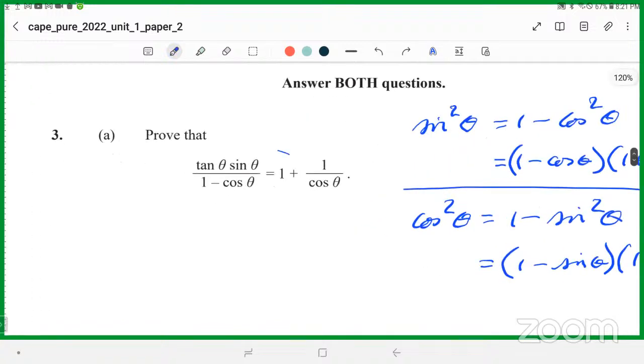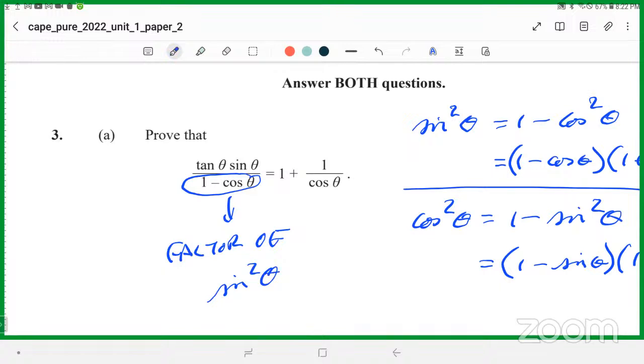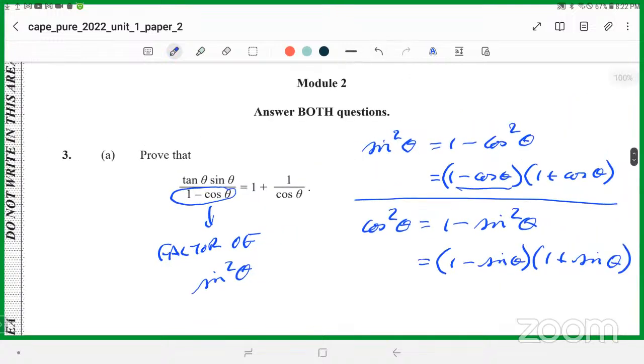Generally speaking, when you're doing a proof, you don't work with tan, sine, and cos all at the same time. What I would want to do with this one is firstly remove that tan. Tan is sine over cos. As you work, you're keeping an eye on this. Remember what I've said: this is a factor of sine squared theta, so sine squared theta equals this times this.